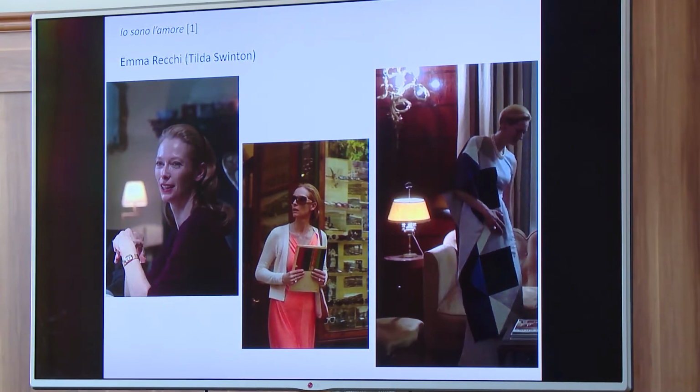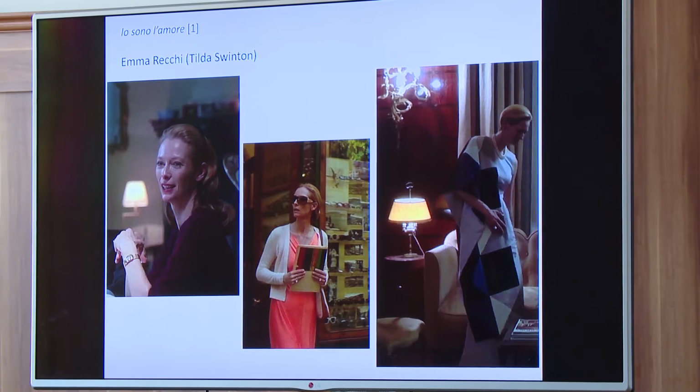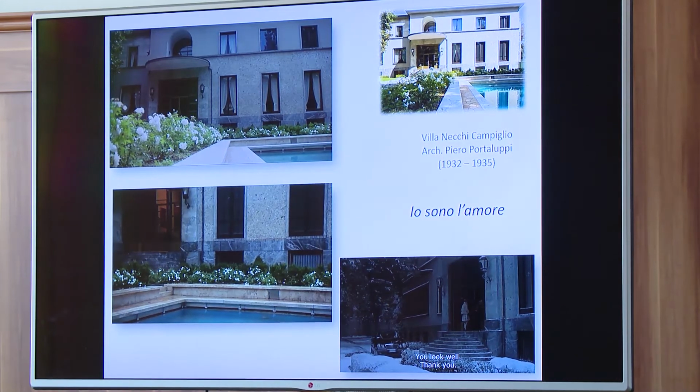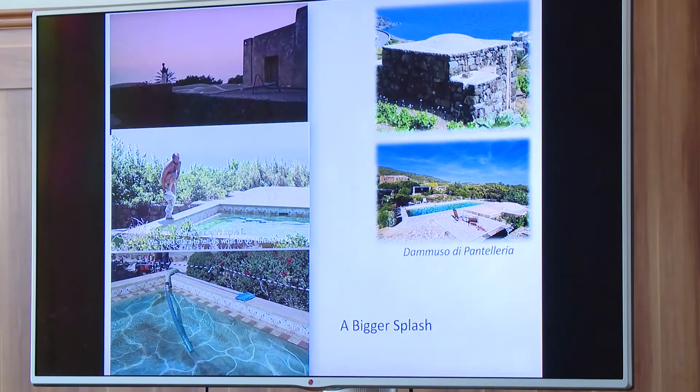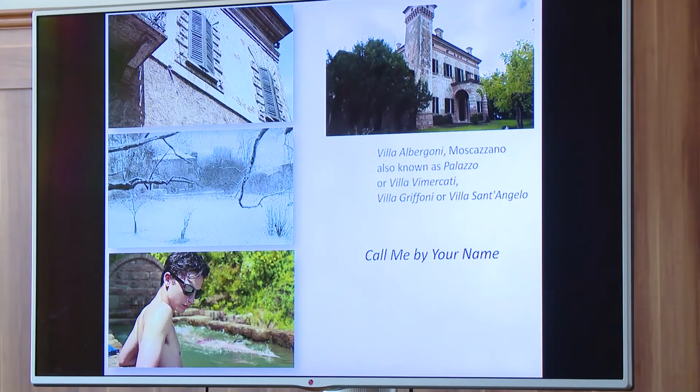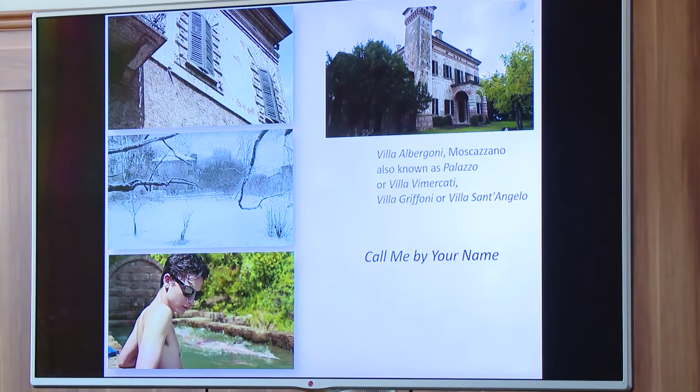All of them configure a special unity around it, arranged around the Italian villas with swimming pools, and the pools become the place of death in the first and in the second films, and rapprochement in the third.